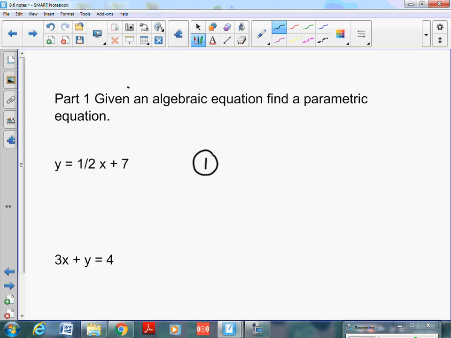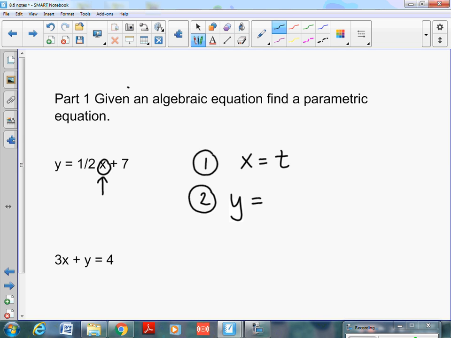A parametric equation has two equations. So, all you're going to do, this is really easy, is you're just going to say x equals t in the first equation. Now all you're going to do is substitute. Now that we know that x equals t, in place of x right here, we're going to copy down y equals, and in place of x right there, we're going to substitute t.